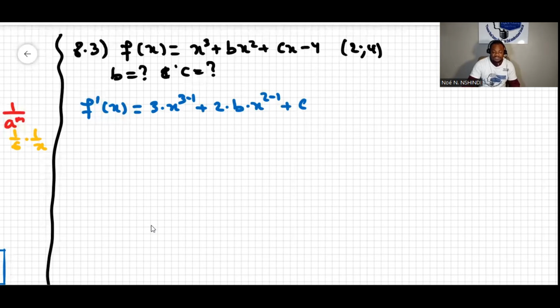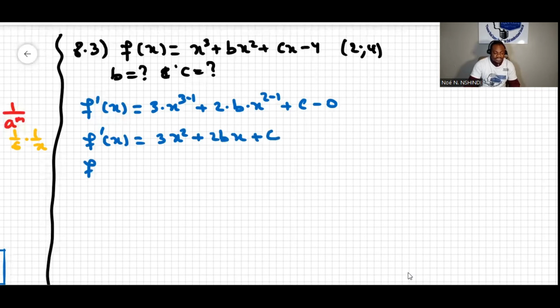And then minus 4 is going to be 0. Let's simplify. F prime of x is 3x squared plus 2bx plus c.